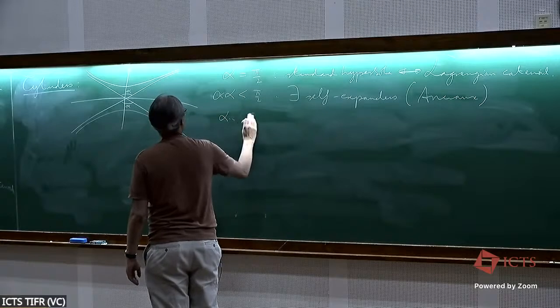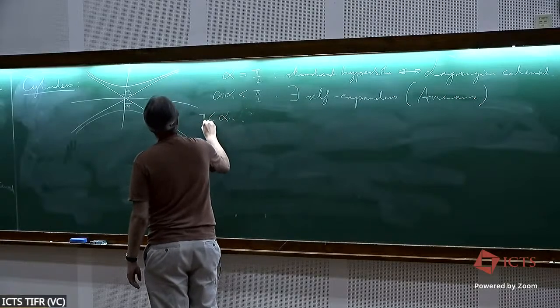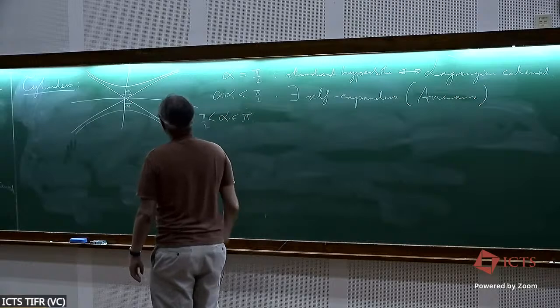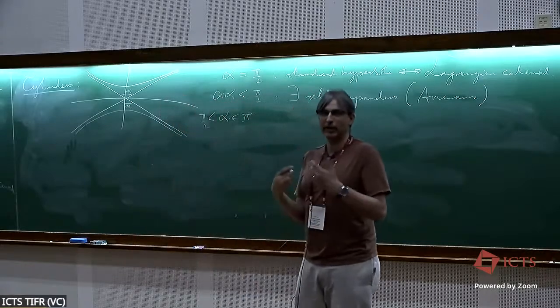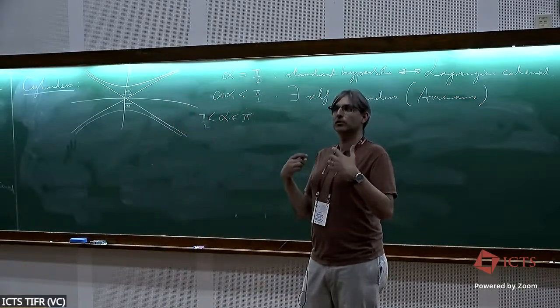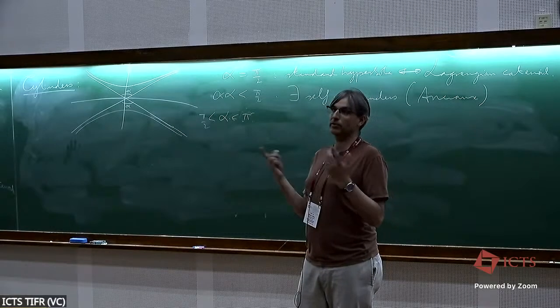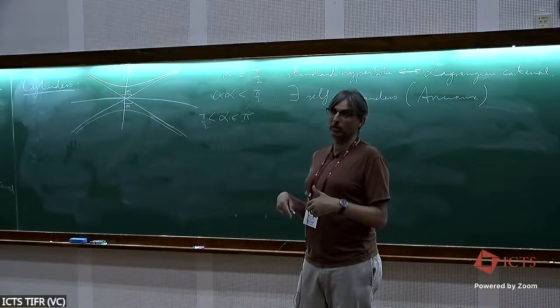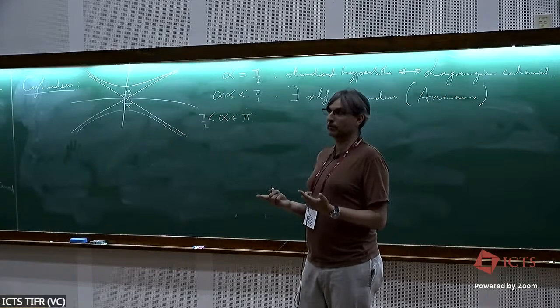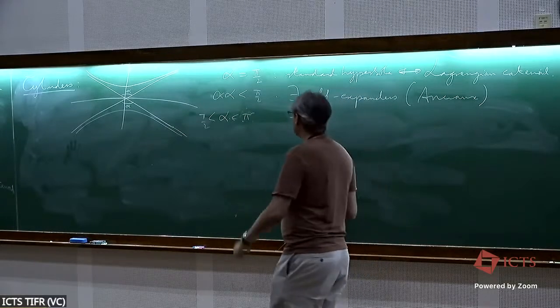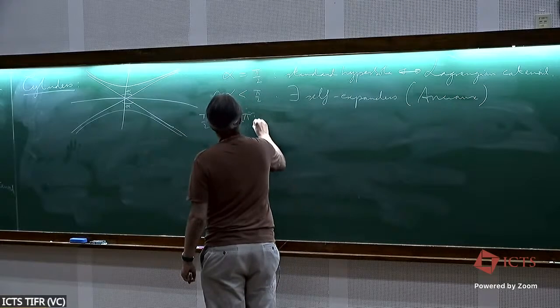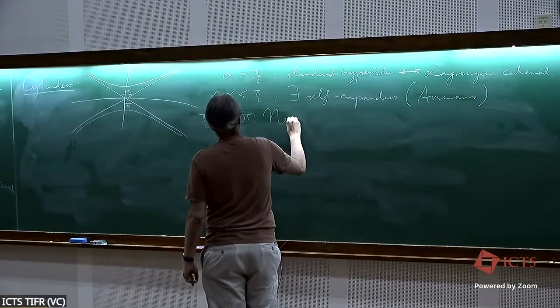So suppose now it lies between pi by 2 and pi. So you don't have a self-expander, you don't have a special Lagrangian. So what does the flow do? Where does it go? It has to go somewhere. And here, the answer is perhaps a little bit surprising.